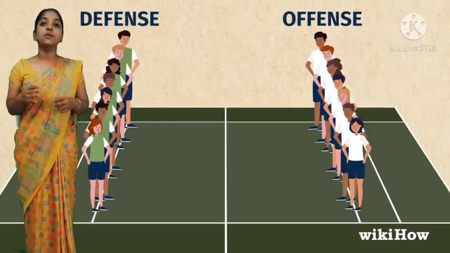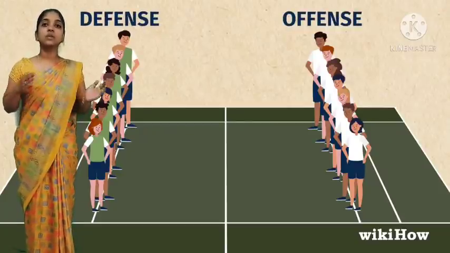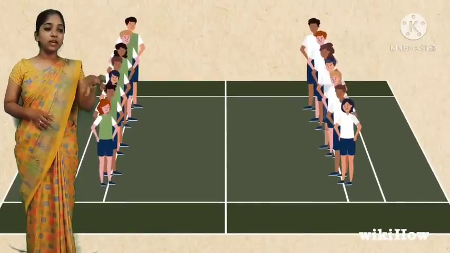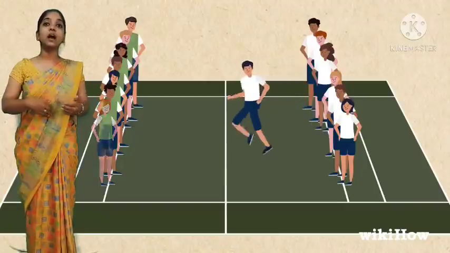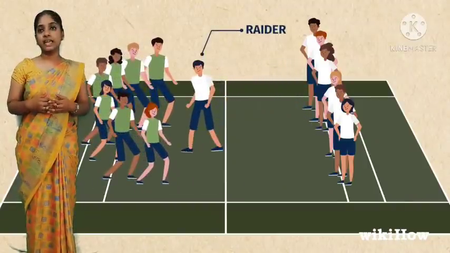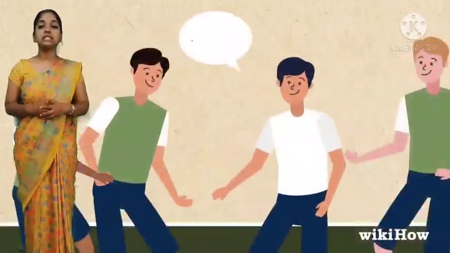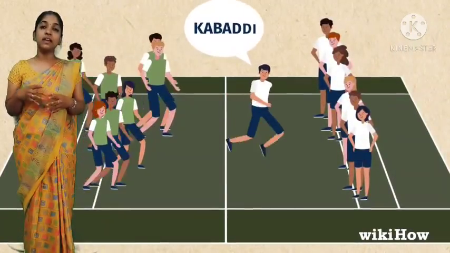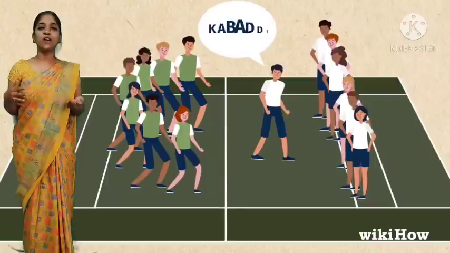What are they called? Raiders. The raiders will go to the other team across the mid-line. In both teams' courts, there will be a mid-line, and on the other side of this mid-line, the opponent team will be there. The raider will go to the opponent team, crossing the mid-line. Pushing, pulling, screaming, shouting, dragging and falling on the ground.